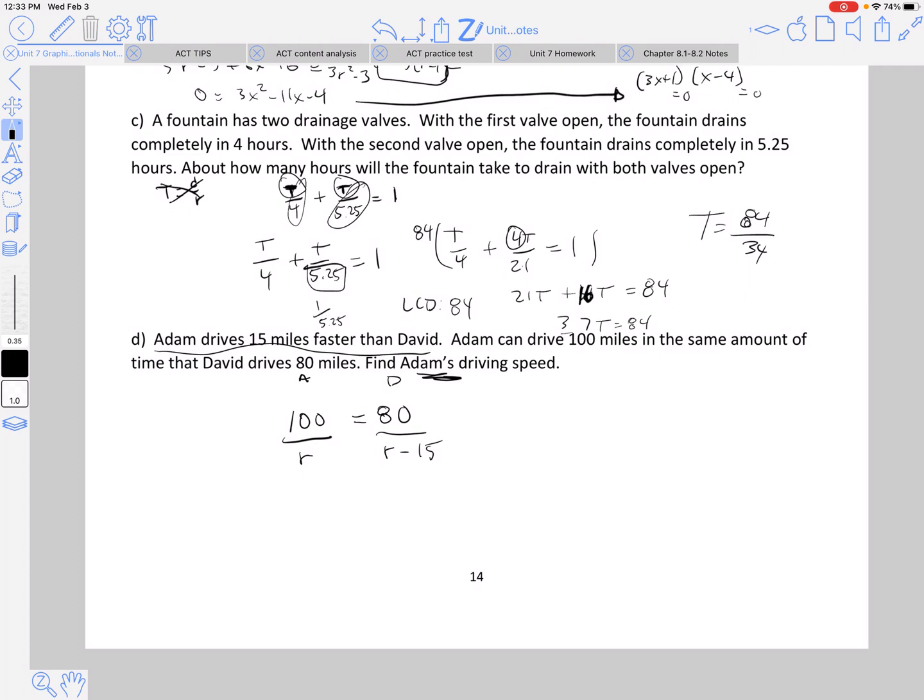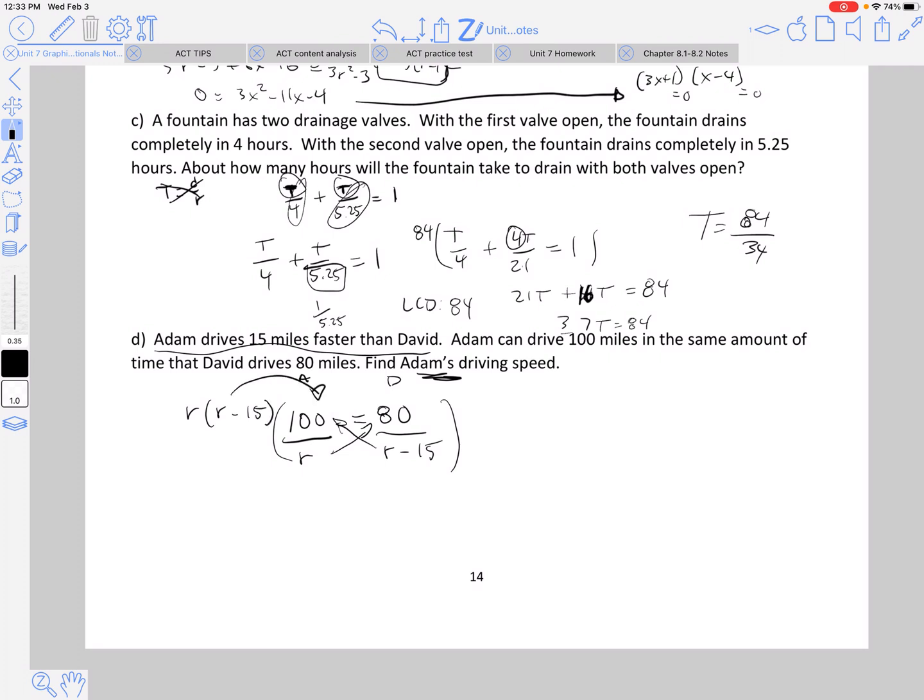So now it's just a matter of getting that least common denominator and solving these. So I'm going to multiply by R times R minus 15.